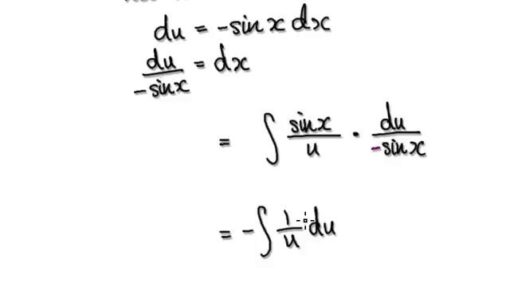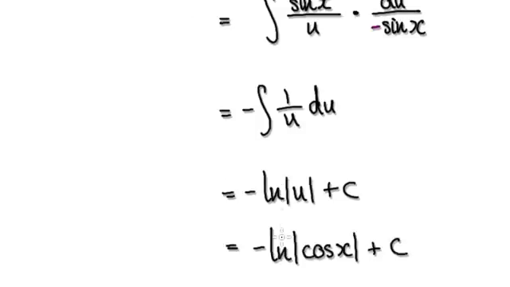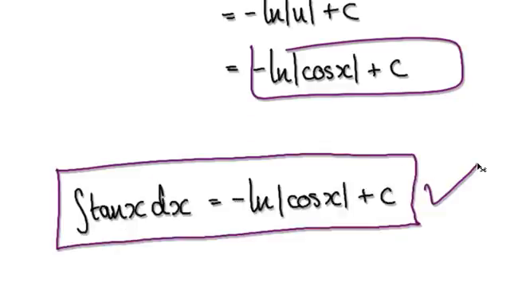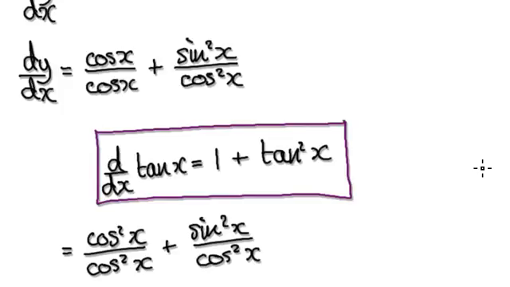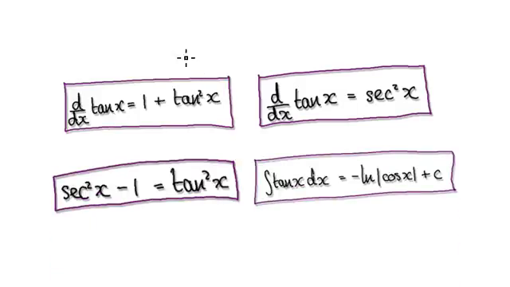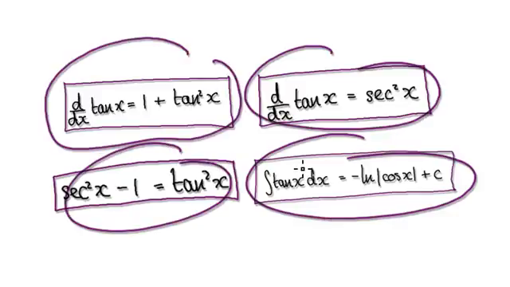Okay, so now integrate this. It will be this, and then earlier we said let u be cos of x. So your final answer would be this. So that would then give you your final block. So there, we've done all 4 blocks. In order for you to do the next one, just somehow write these four blocks down or memorize them. Okay.